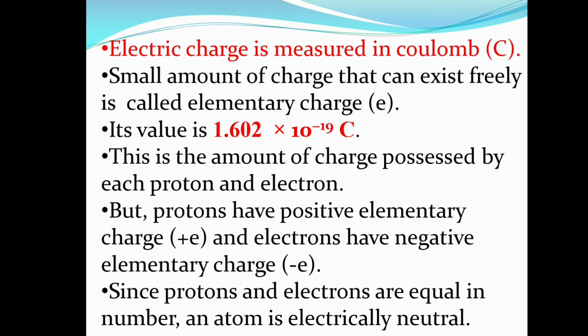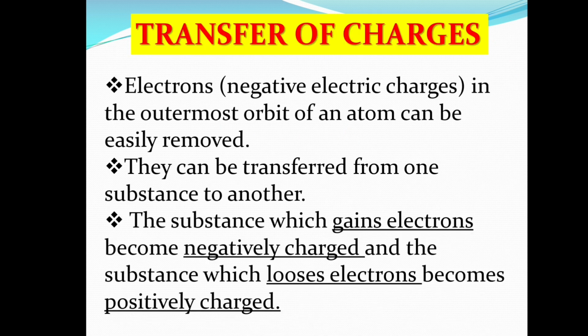The next topic we are about to discuss is transfer of charges. Electrons, that is negative electric charges, are in the outermost orbit of an atom. Already we saw that electrons revolving in the outer orbits are loosely bound and can be easily removed.